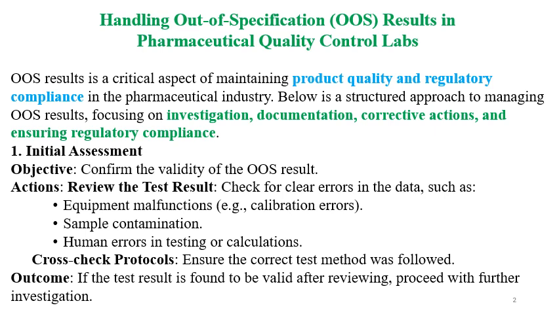For example, consider the potency or assay of a tablet formulation. The limit may be 90 to 110% of the label claim, or it may be 95 to 105% of the label claim. So 95 to 105% or 90 to 110% is the specification for assay.